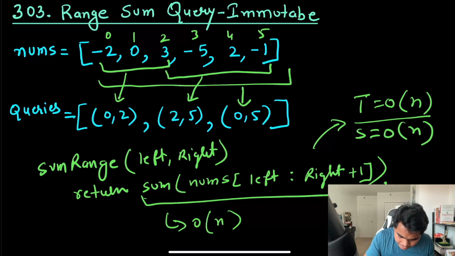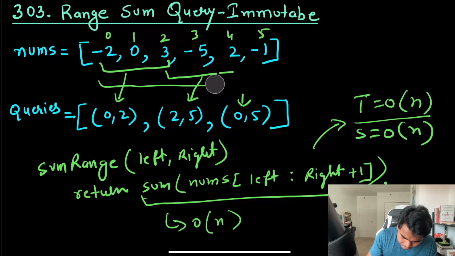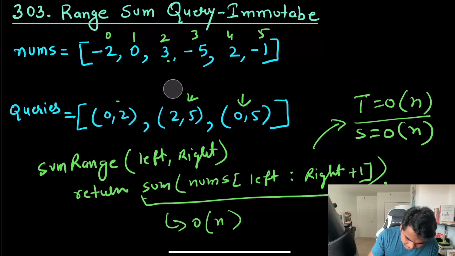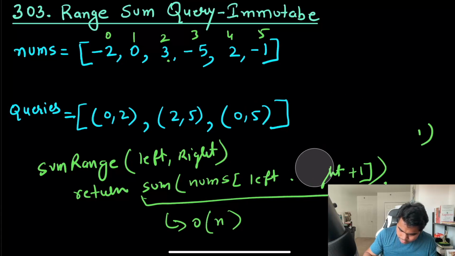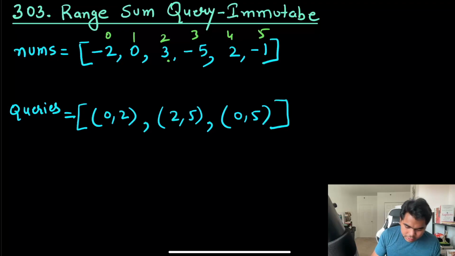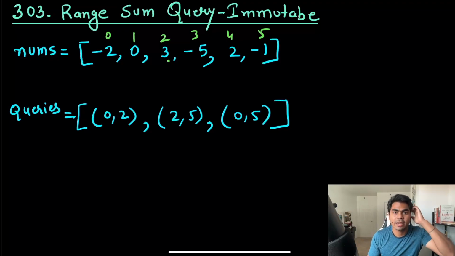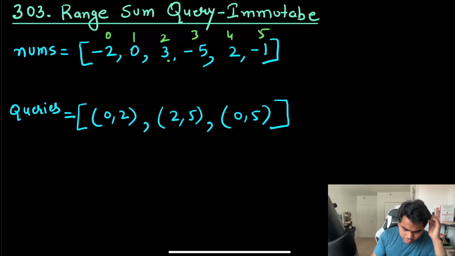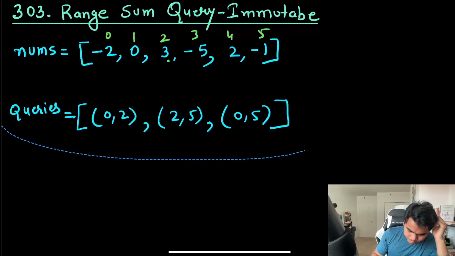If I introduce that prefix sum, I can bring down the time complexity to big O of 1, which is a huge improvement.